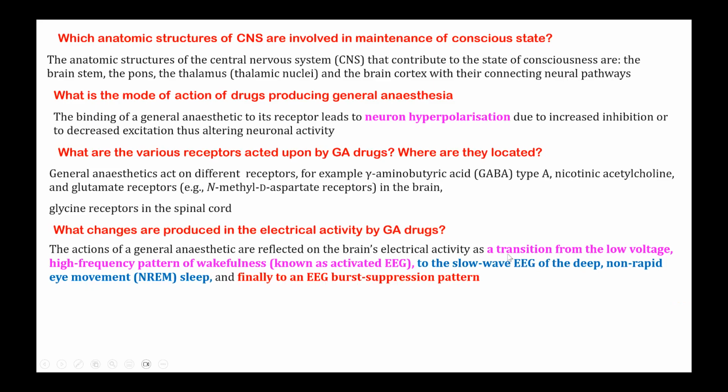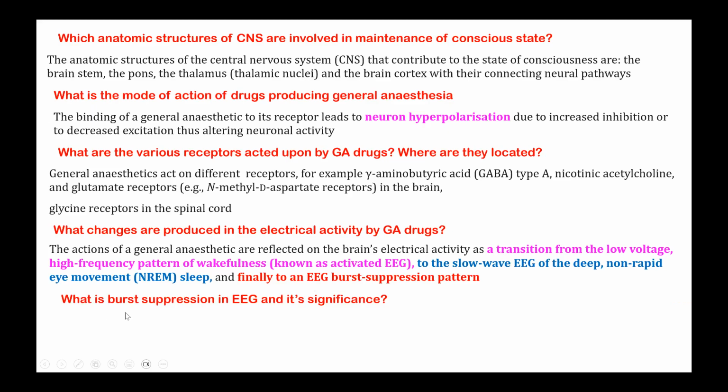So when the patient is fully conscious and awake, it is a low voltage, high frequency pattern. Once the patient goes to the surgical plane of anesthesia, it becomes a slow wave EEG, deep non-rapid eye movement sleep pattern, and finally the correct surgical plane results in an EEG burst suppression pattern.